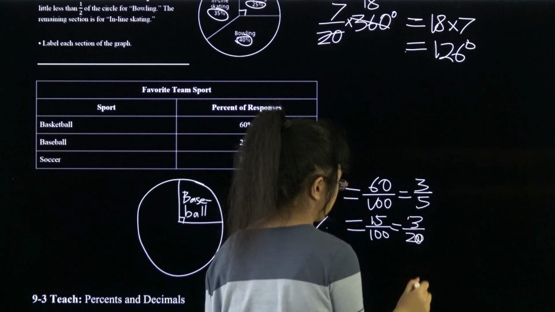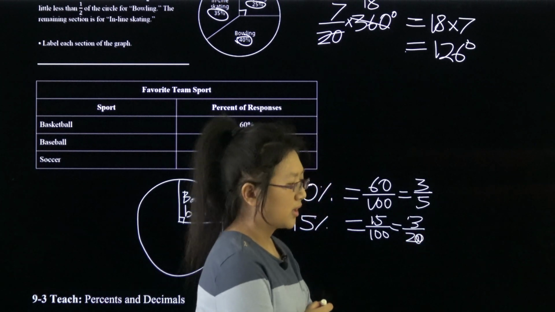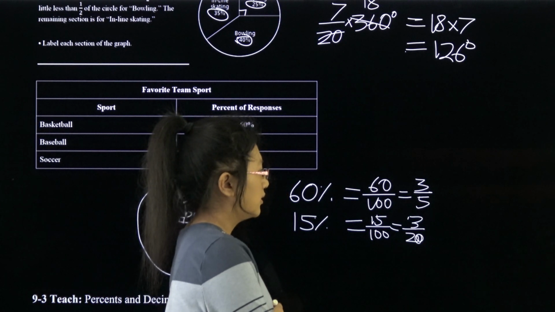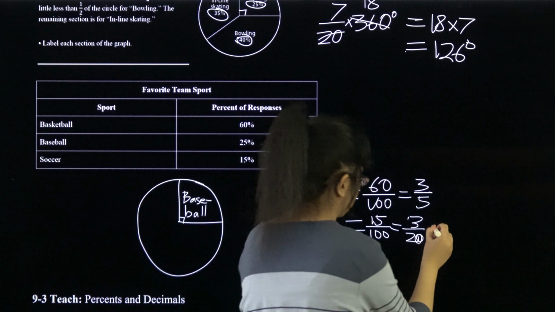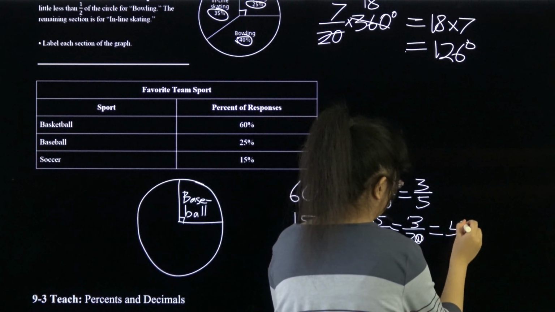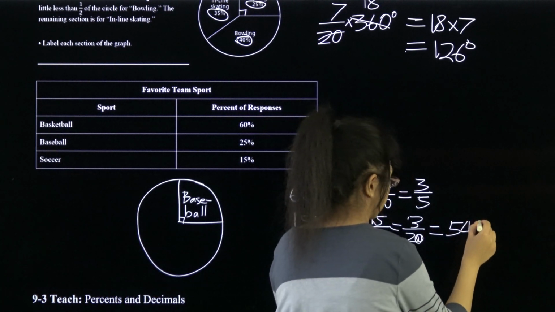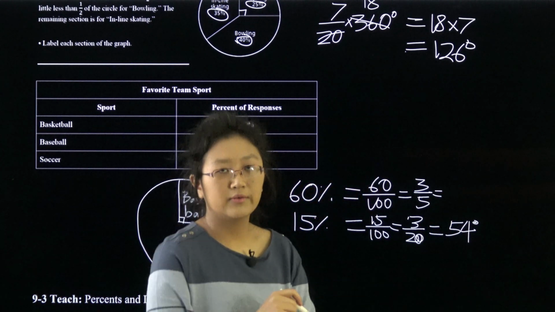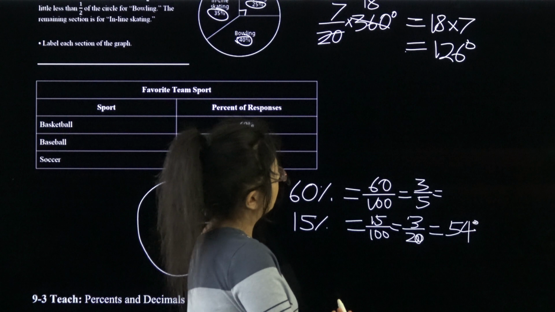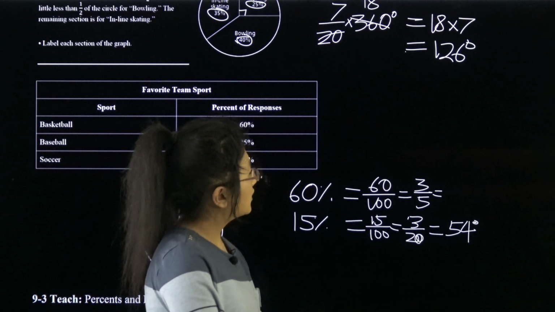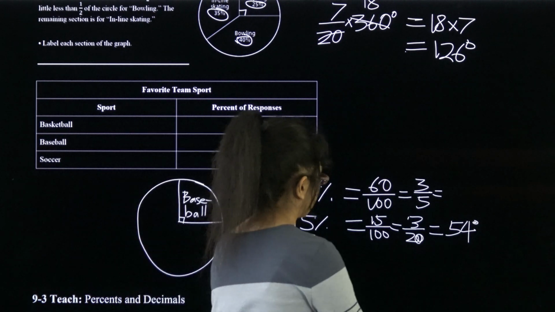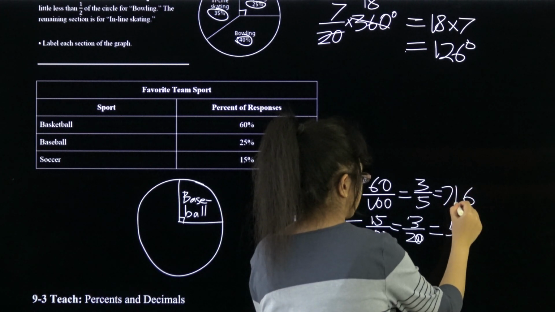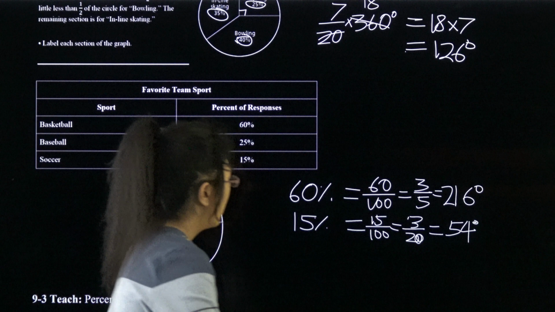So 3 over 20 of 360 degrees would be 54 degrees. And 3 over 5 of 360 degrees would be 216 degrees.